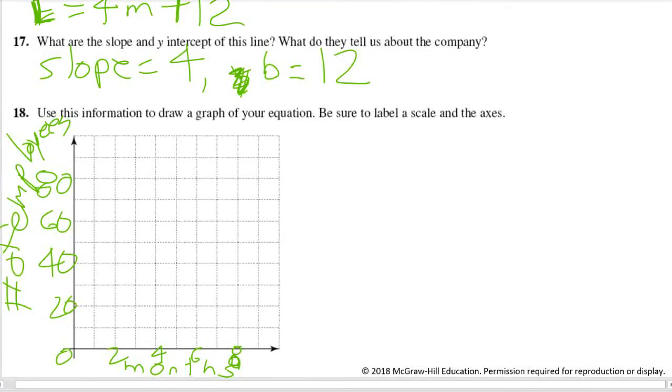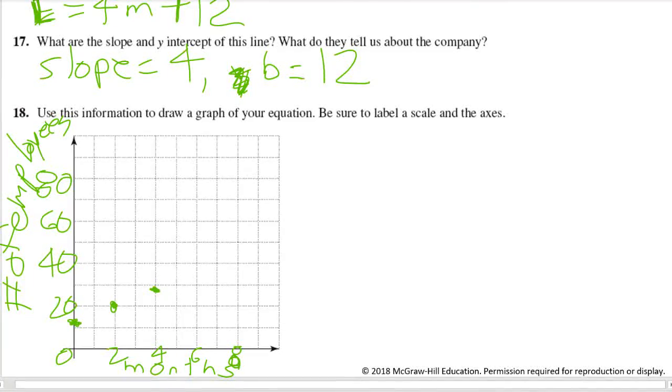Okay. So we start off at 12. 12 is a little bit more than 10. After 2 months, we're going to have 20 employees. 2 months, I add 8 employees. 2 times 4 is 8. 4 months, I'm going to have 28, slightly below 30.